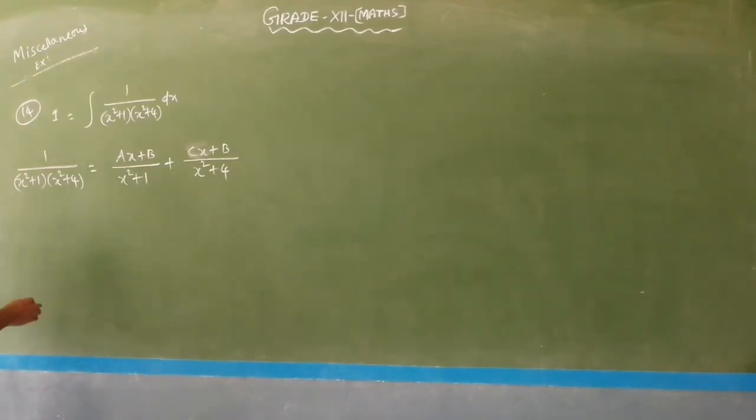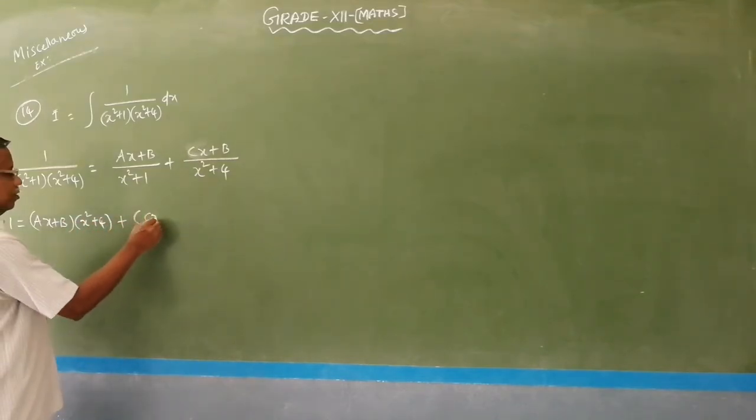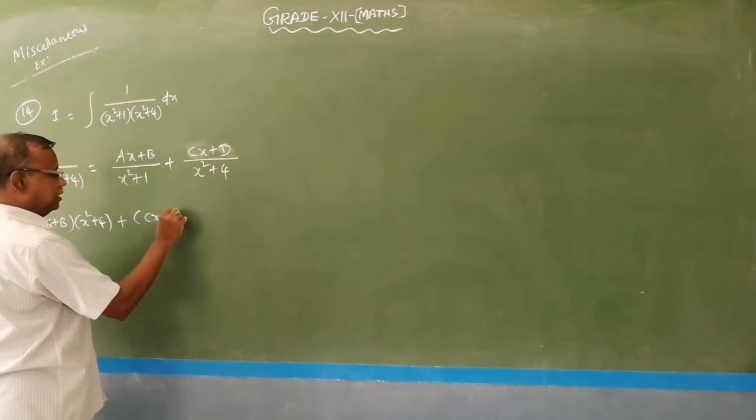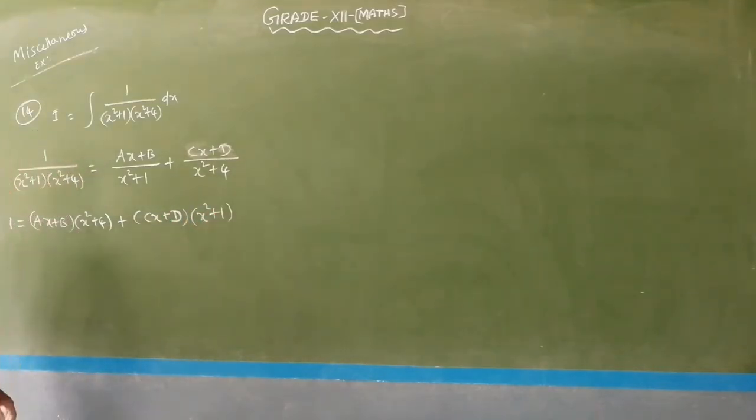Accordingly I have written 1 equal to ax plus b into x square plus 4 plus cx plus d into x square plus 1. Now, as in the previous case, I cannot put 0 and so on, it will be very tedious, so let me expand the RHS.